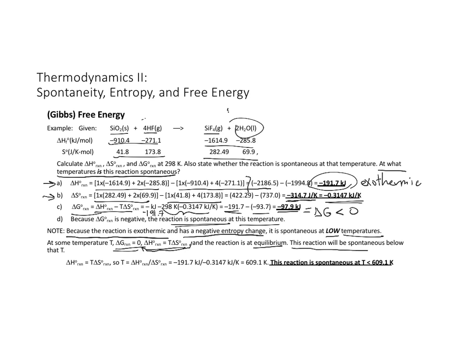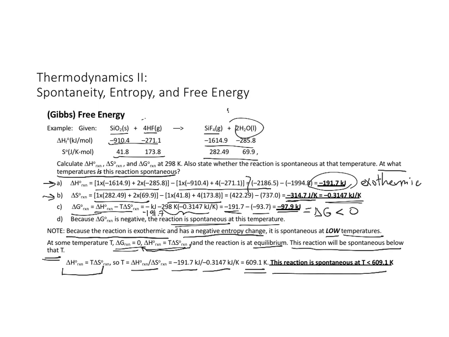This reaction will be spontaneous below that temperature. So solving for T, T is delta H over delta S, dividing 191.7 kilojoules by negative 0.3147 kilojoules per Kelvin gives me a temperature of 609.1 Kelvin.